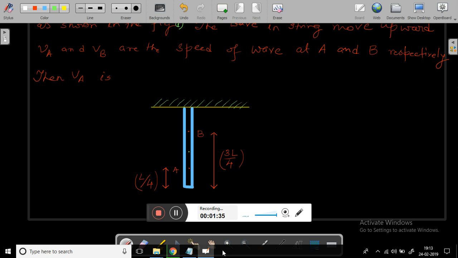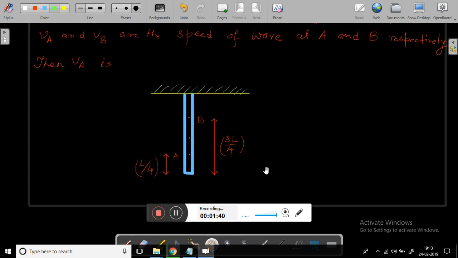If you consider this particular point, the distance from this point to this point is L by 4, and the total length of the string is L. So we can consider the entire length to be L, with this distance L by 4, and the other distance from this point to this point being 3L by 4.